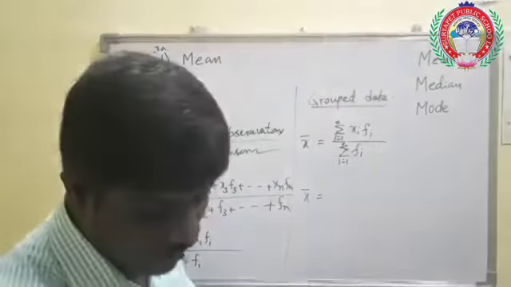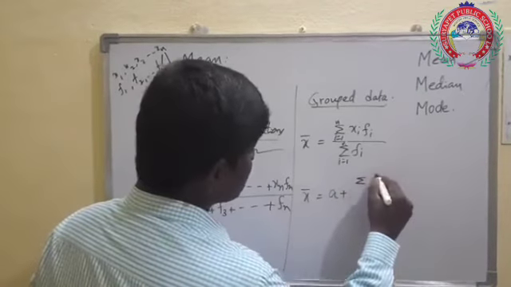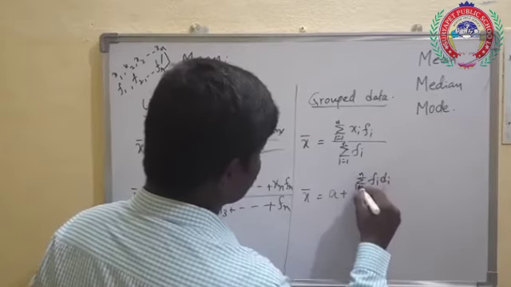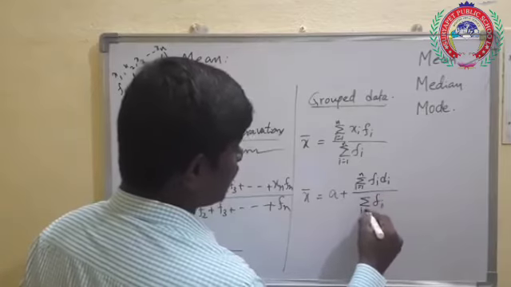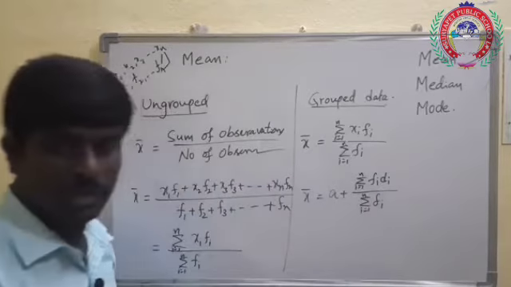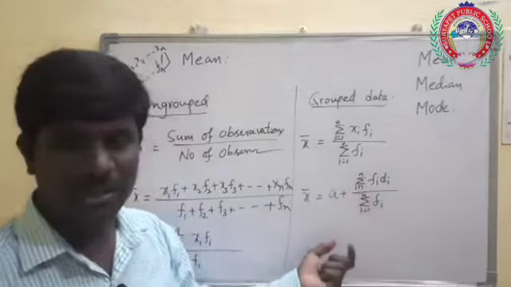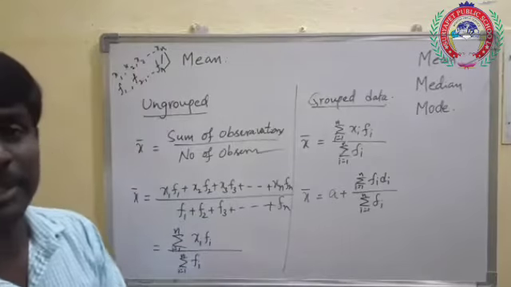And here the formula is a plus sigma fi di, where i equals 1 to n, whole divided by sigma fi, where i equals 1 to n. Actually we need not write this i equals 1 to n. So this is called the assumed mean method.